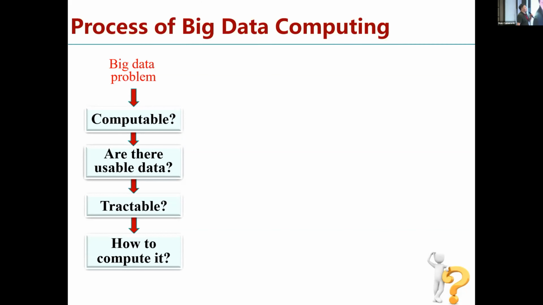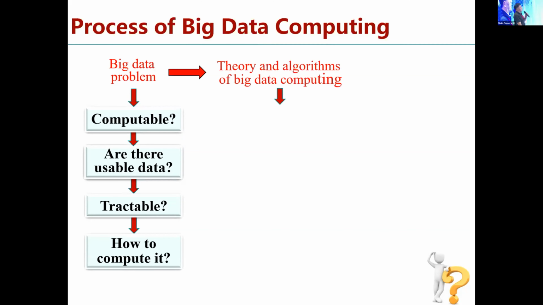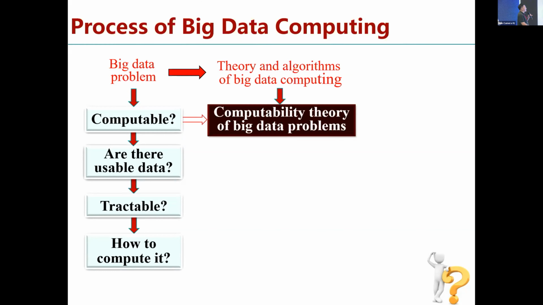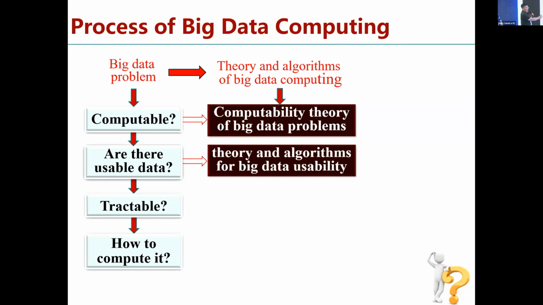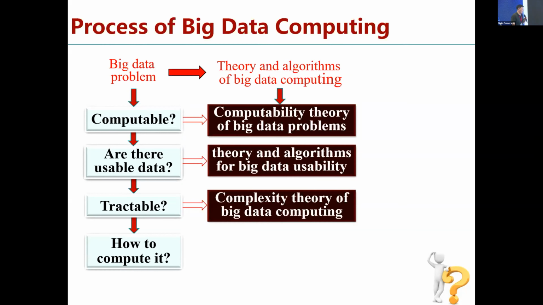If we want to solve the big data problem, we need theory and algorithms of big data computing. To answer the first question, we need computability theory of big data problems. To answer the second question, we need theory and algorithms for big data usability. To answer the third question, we need complexity theory of big data computing.